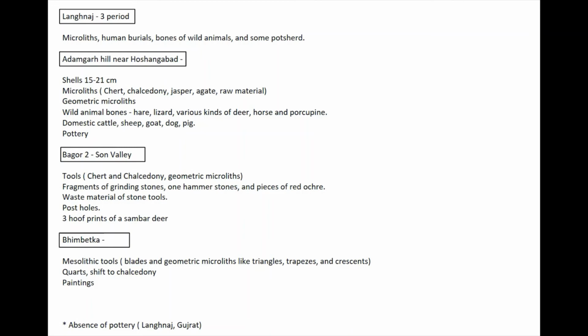Now, Bagor 2 in the Son Valley has already been mentioned among the Paleolithic sites of central India, and this site also has a Mesolithic phase. The tools are of jasper and chalcedony. Geometrical microliths occurred. Fragments of grinding stones, one hammer stone, and pieces of red ochre were found.